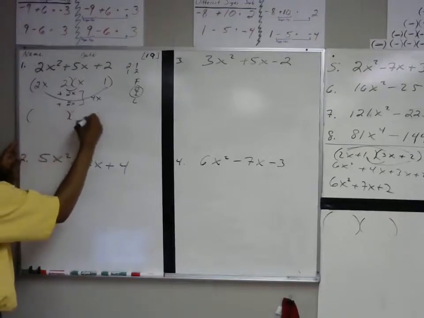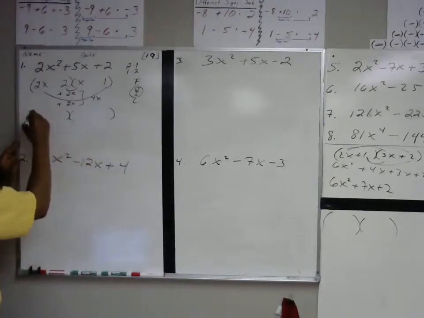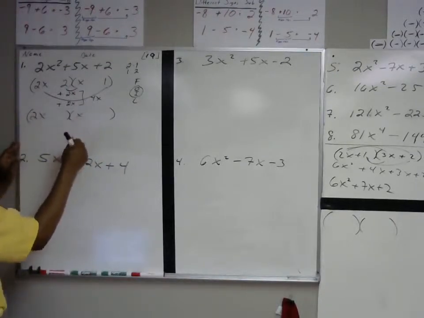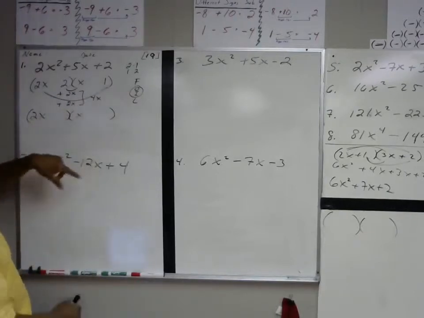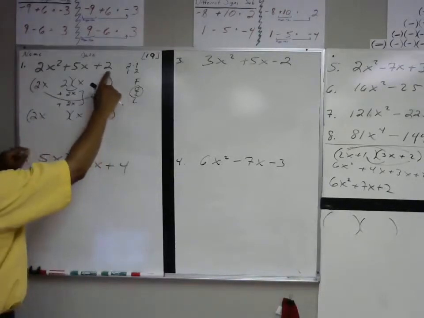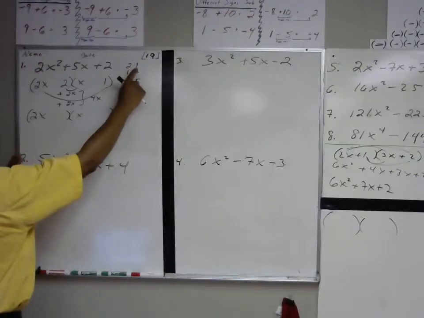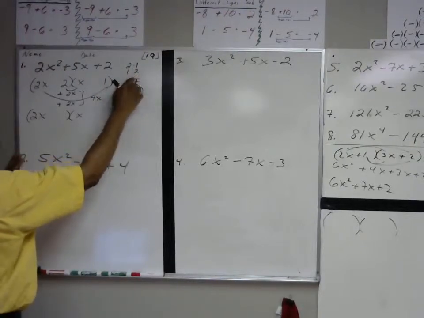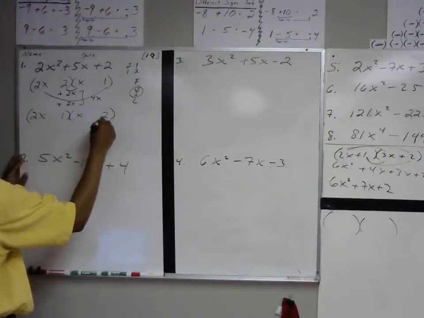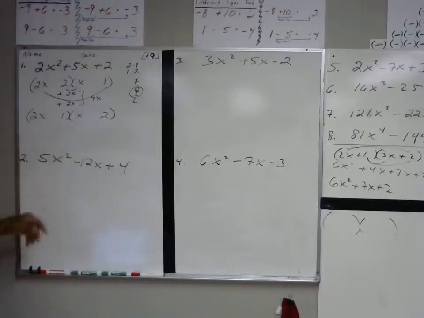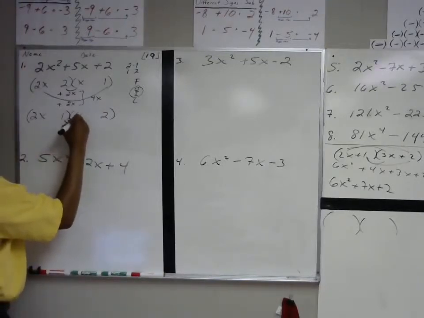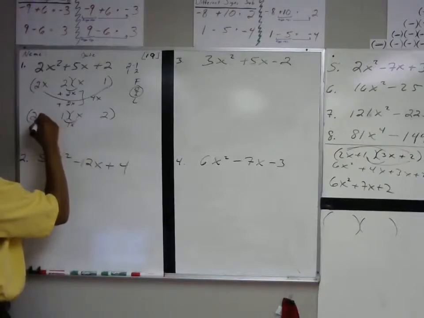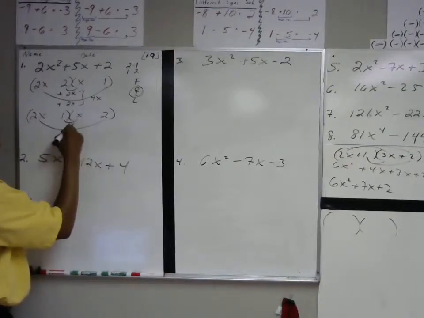So I'll write another set of parentheses here and do the first, which is 2x times x. And then let's look at the last again, the 2. 2 times 1 didn't work, so I'm going to try 1 times 2. And let's see if that works. So inside we get 1x. Outside we get 4x.